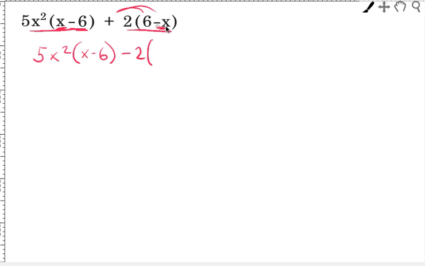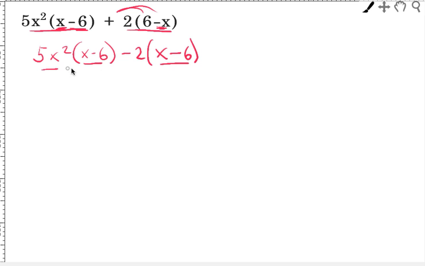The minus x is going to become a plus x, and I'll put that first. And the plus 6 has become a minus 6, and I'll put that second. And now I have exactly duplicated the factor of x minus 6. So either way is okay. I prefer to go to a straight rewrite where I make the two factors identical.